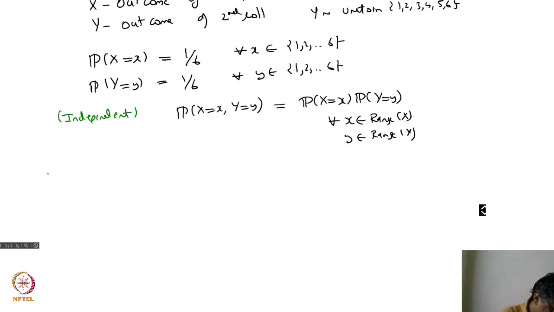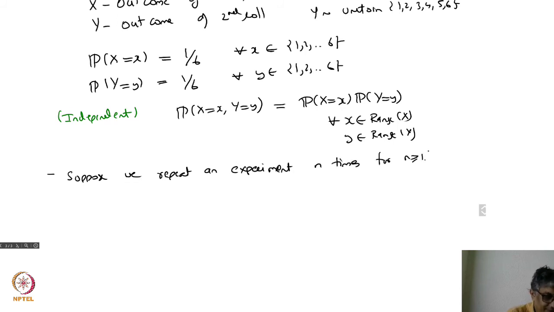So the above was only for two trials. Suppose we repeat an experiment n times, for some n bigger than or equal to 1.